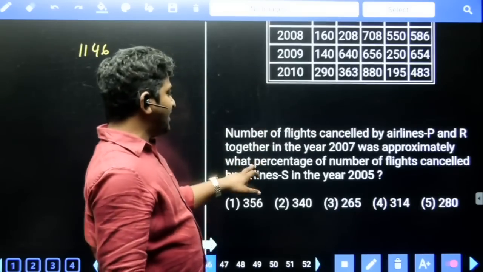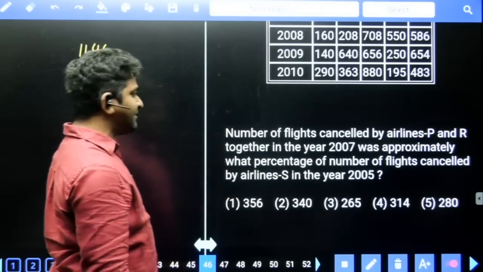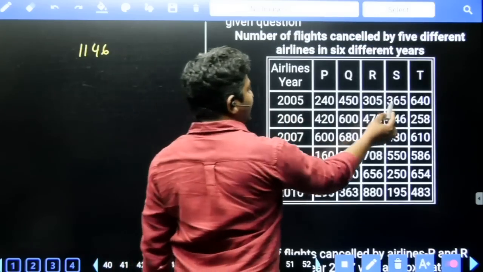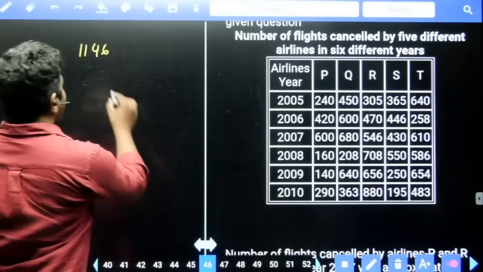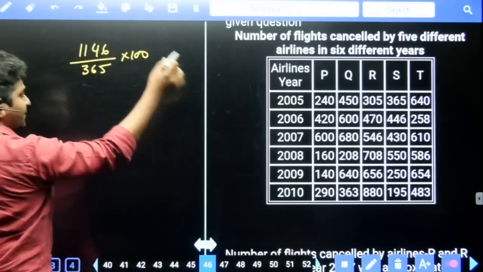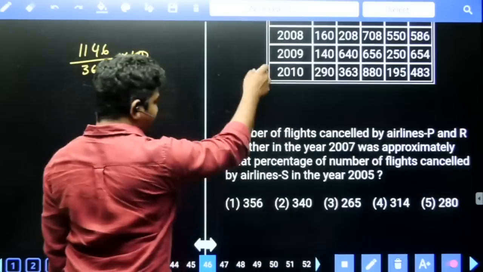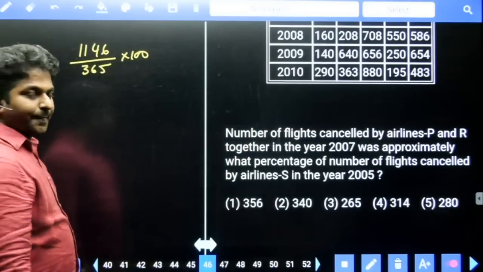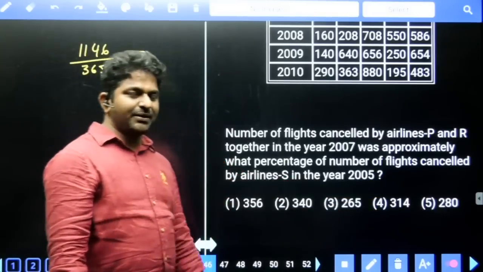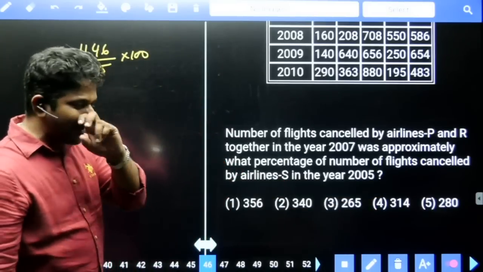This was approximately what percent of the number of flights cancelled by airline in the year 2005? Yes, 2005, that is equal to 365. So with respect to 365, this is equal to what percentage? Now, instead of going for simplification, first look at your options. The options are 350, 340, 265, 300 something. So approximately the values are in 300.